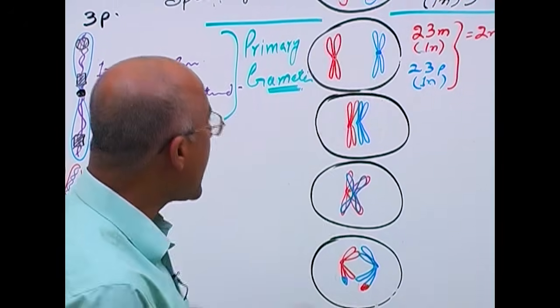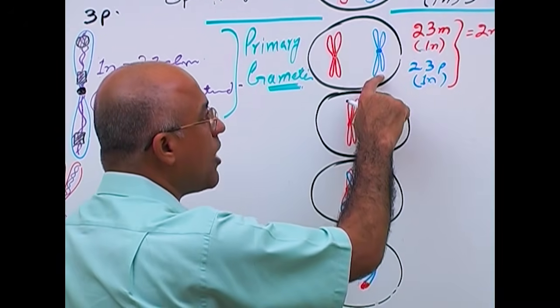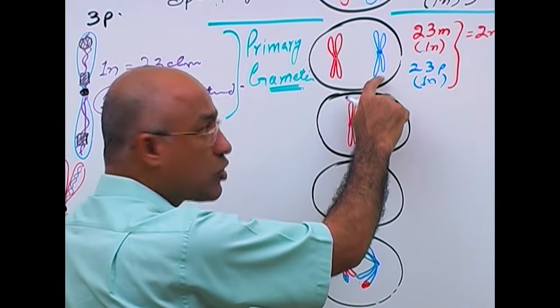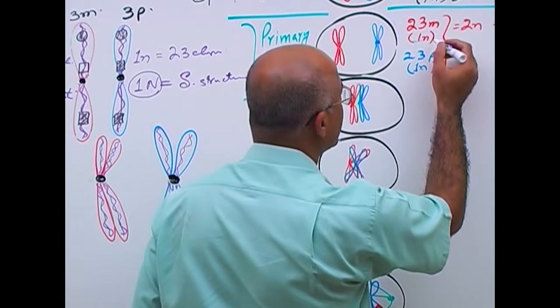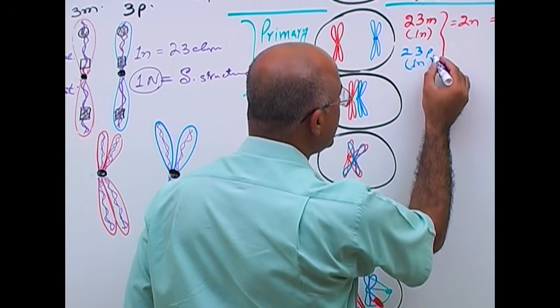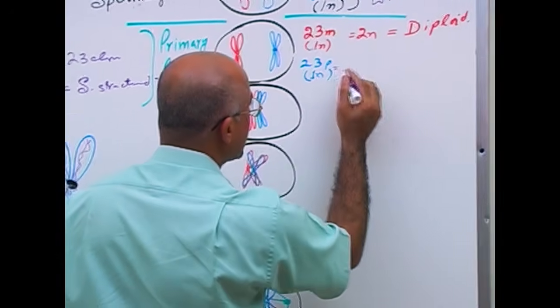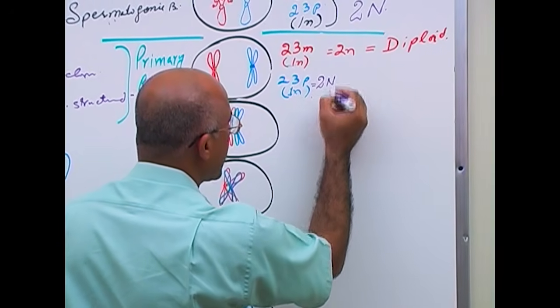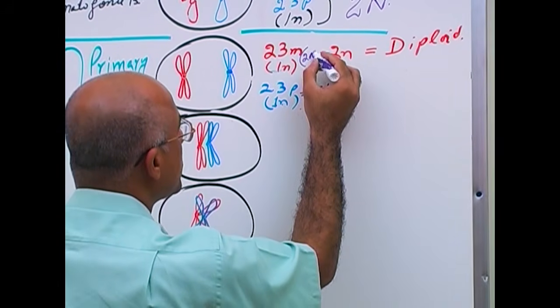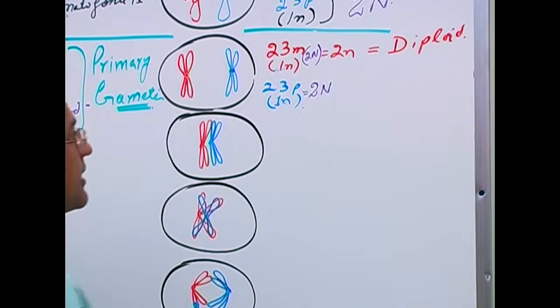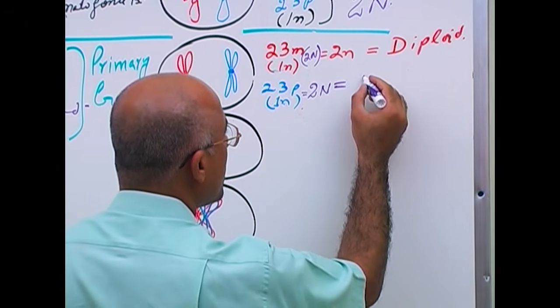Is that right? And in the same way, here 1n has become 2n. So 2n in the paternal set of 23 chromosomes. So we can say that paternal is actually capital 2N amount of DNA. Here it is how much? Again 2n, because it is also double structured. So how much will the total be?